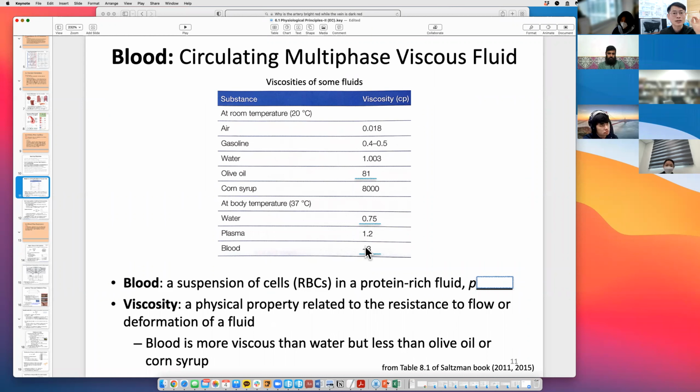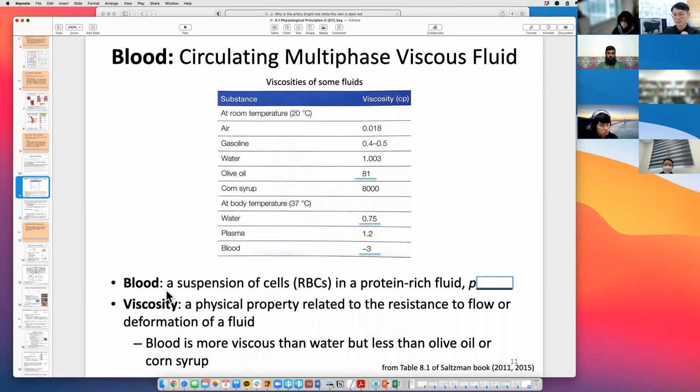In fact, one of our faculty members in GIST developed a device to measure this viscosity, and it's also commercialized. So this could be an important parameter for finding the state of your blood in terms of viscosity. And in comparison, olive oil is 81, so that's huge, almost 100 times more viscous than water.